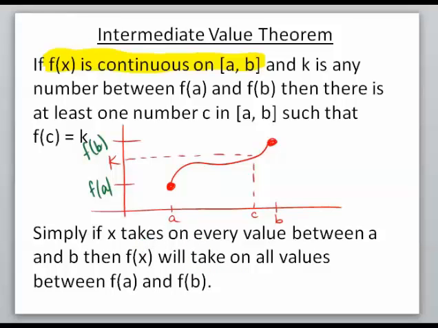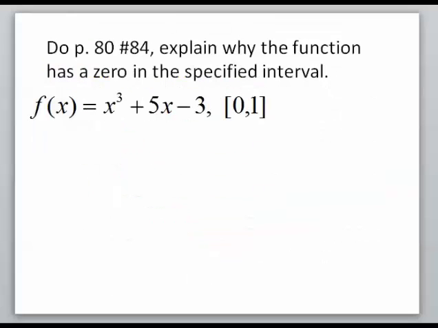So let's go ahead and look at this next question. It says explain why the function has a zero in the specified interval. So what we're going to do is look at what f of A would be, which would be f of 0, and look at what f of B is, which would be f of 1.